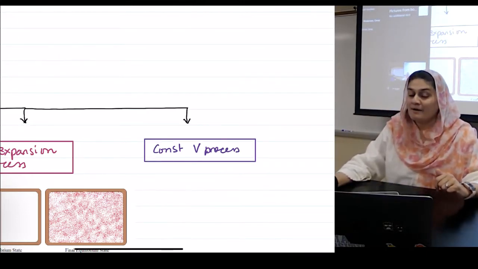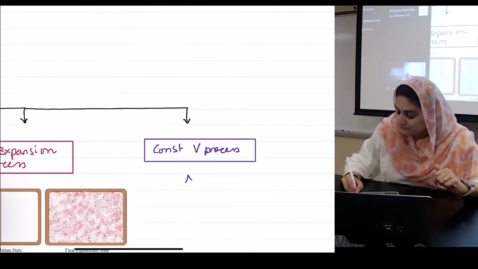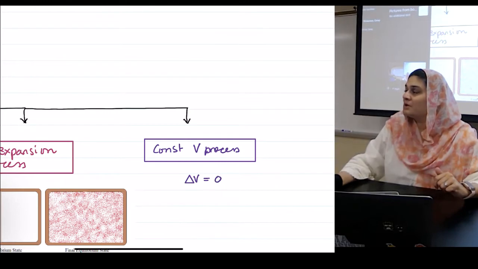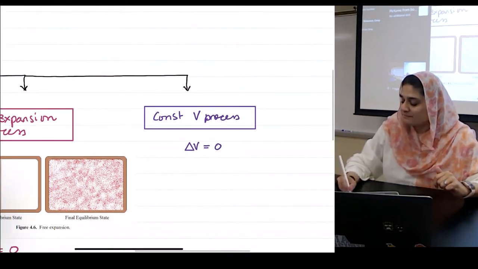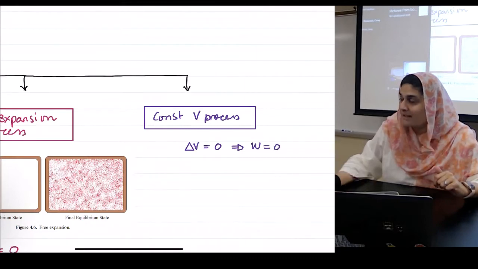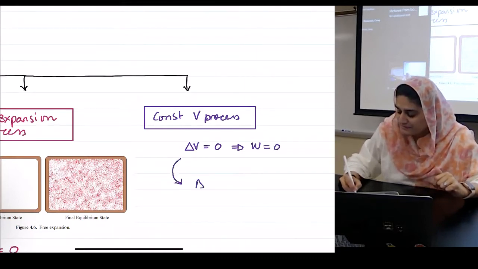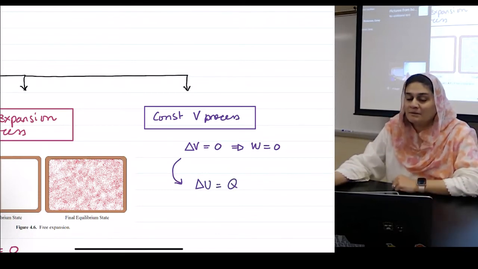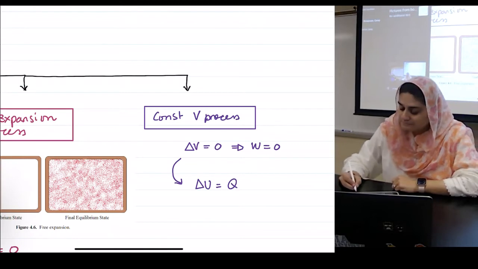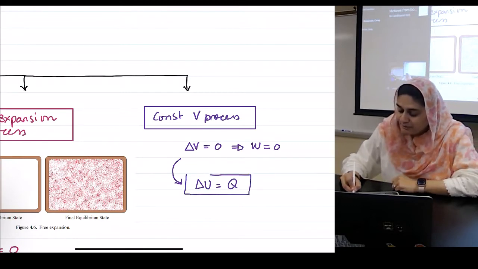And what do we know about it? Delta V equals 0, which means what? No work is done, which means the first law can be written as delta U equals Q. Step 4 done.